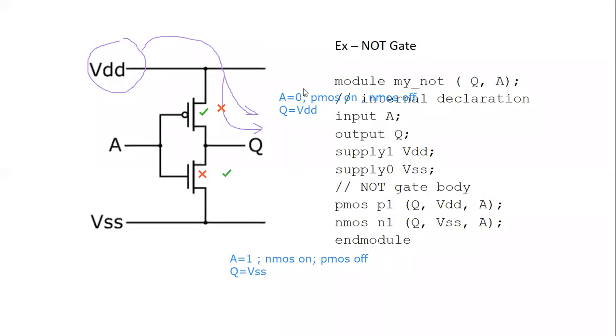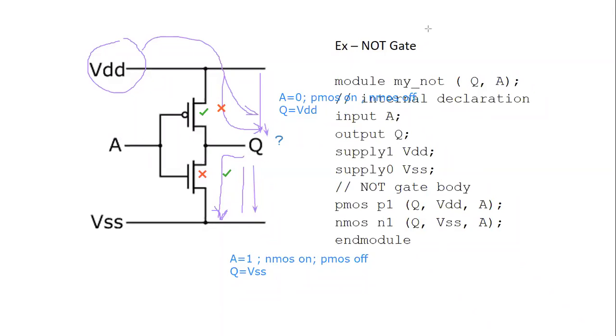Q will be equal to VSS. The flow is like this. Whatever is there in Q will flow down, so the output will be equal to 0. This is how a simple NOT gate works.